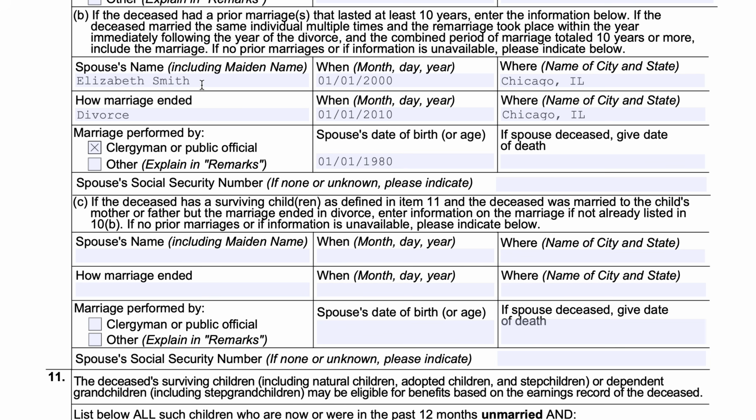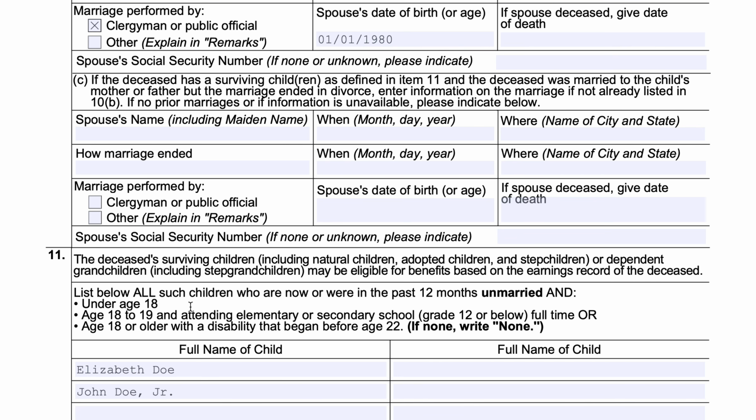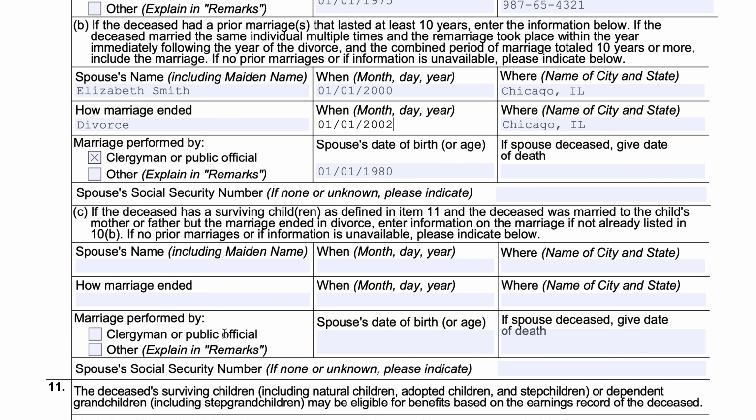But let's imagine that Elizabeth Smith's marriage only lasted 2 years, like we originally said, and we didn't put that information up here. You would put the information in item 10C instead, because if a surviving ex-spouse has dependent children, and they have to meet the dependent children criteria in item 11, which we'll get to. But if they still have dependent children, they may be eligible for Social Security benefits from their ex-spouse's work history.